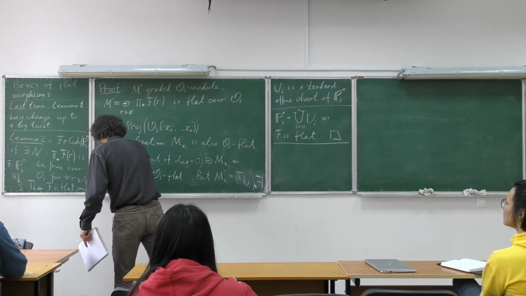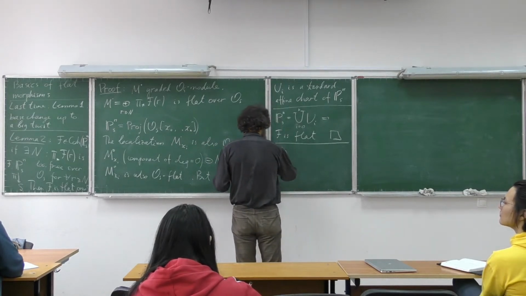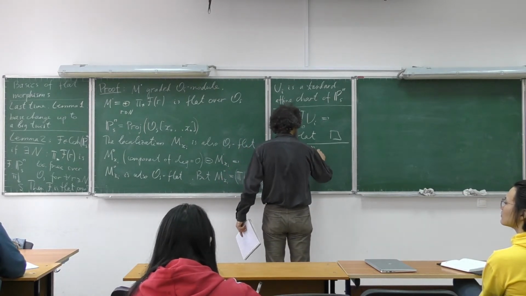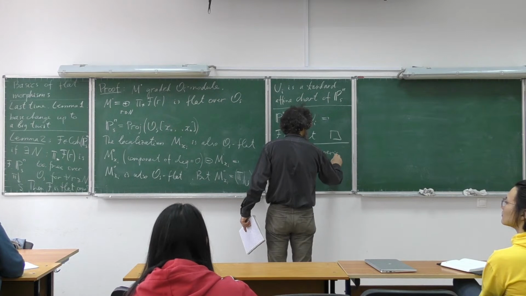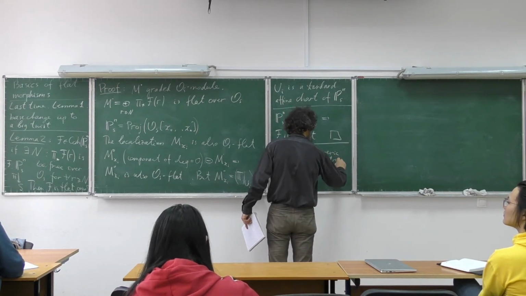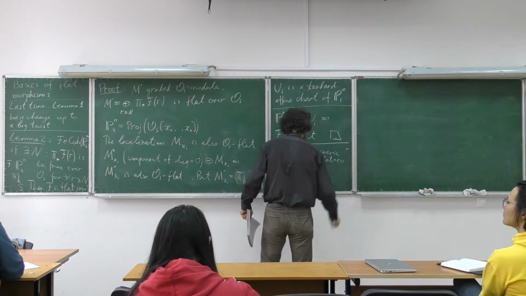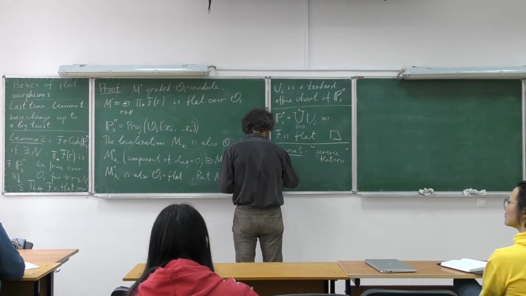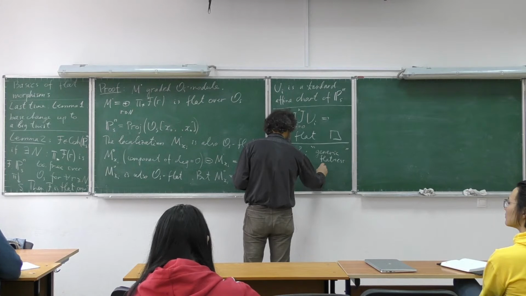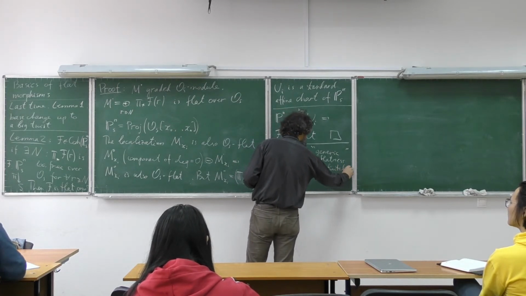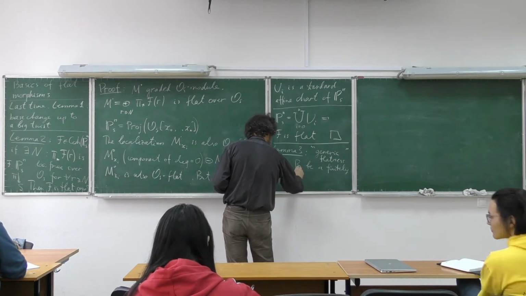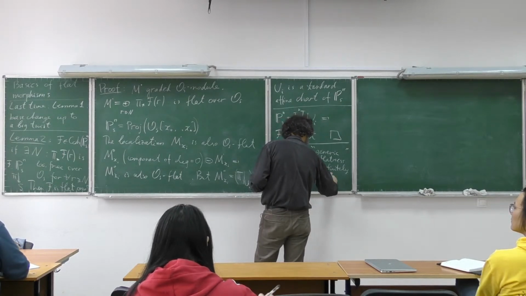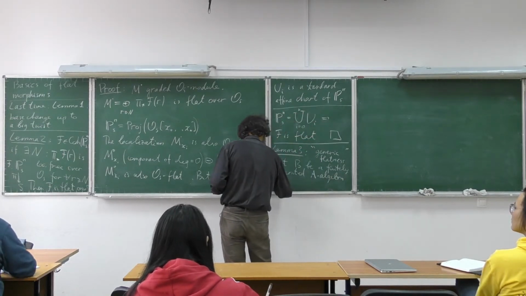Okay. Now the next lemma 3, so-called generic flatness, says the following. Let B be a finitely generated A algebra without zero divisors.